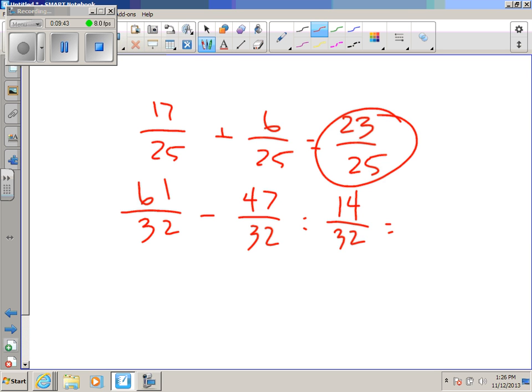We're going to subtract these top numbers, Maddie. So 61 minus 47 is going to give us 14. We do not subtract the bottom ones if they're the same. Okay? Is that in simplest form? Cut them in half. 7 over 16.